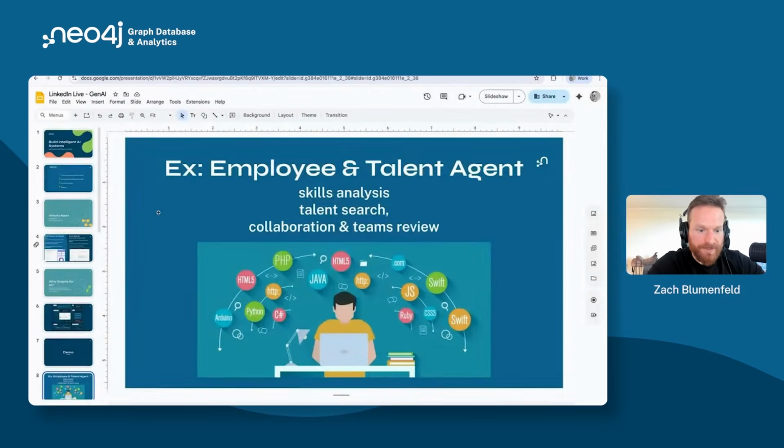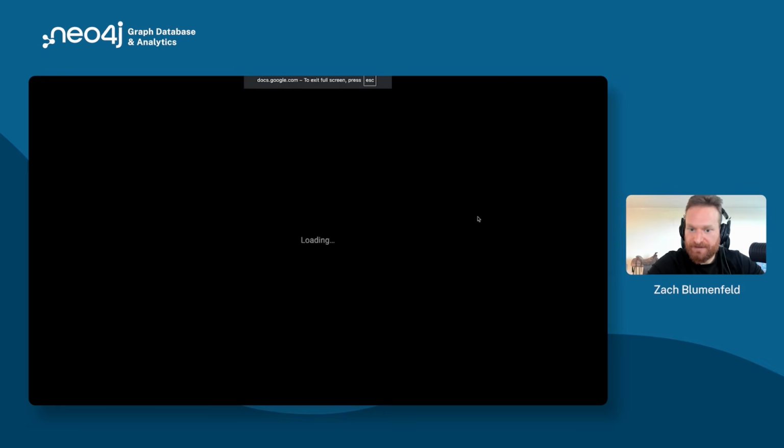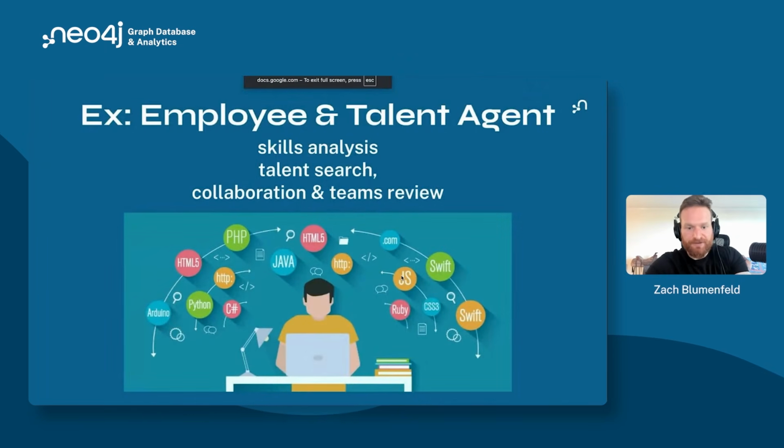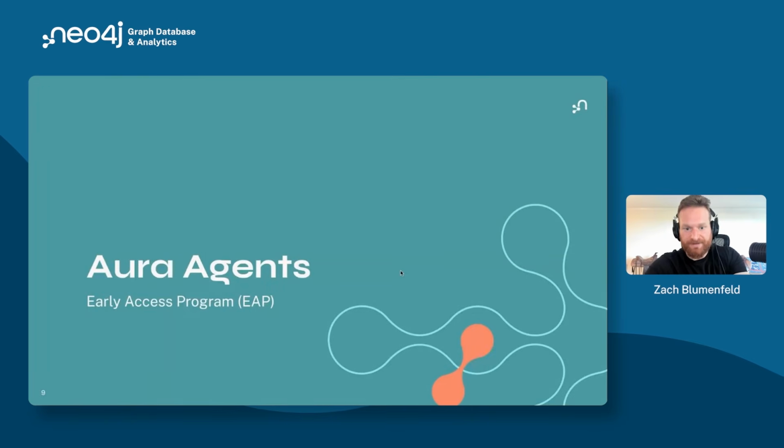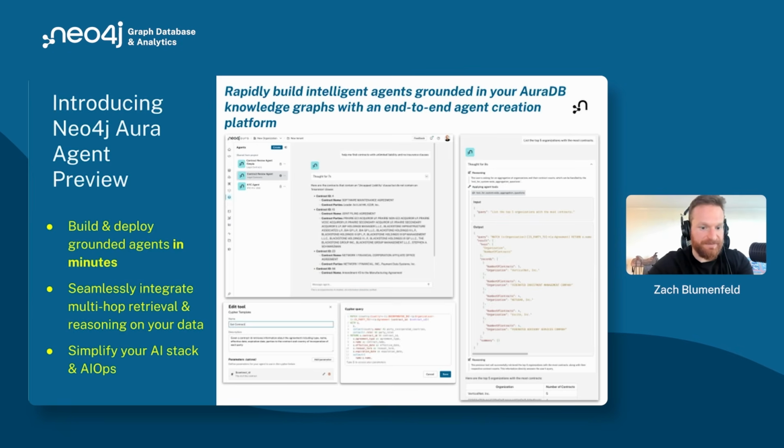And now what I want to talk about is how we can build on this even further when we think about Aura agents. So I'm going to talk about the next product in our lineup here. And Aura agents, if I had to sum it up in one sentence: what this allows you to do is build intelligent agents that are grounded in your AuraDB knowledge graphs with an end-to-end agent creation platform.